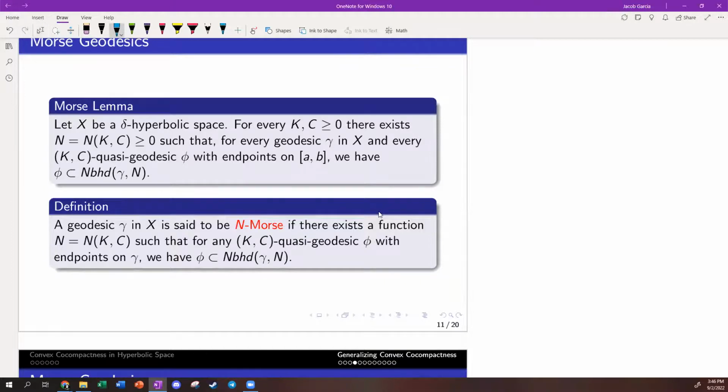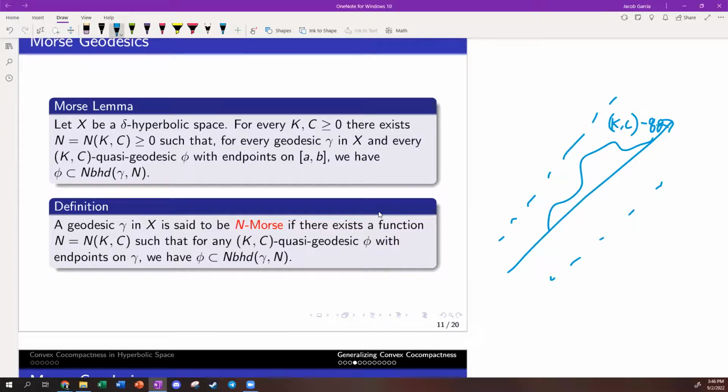If you compare the statement of the Morse lemma and the statement of the definition for being N-Morse, all that I'm saying is that a geodesic is N-Morse if there's some function N, so that all K,C quasi-geodesics stay within N of K,C of the original geodesic.